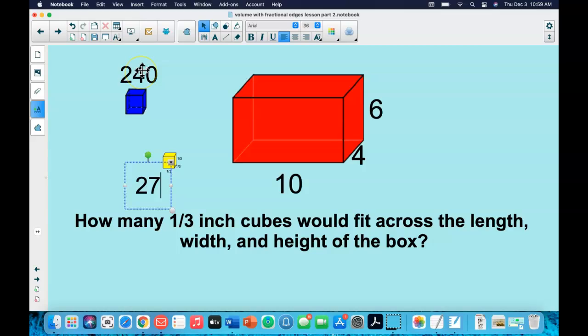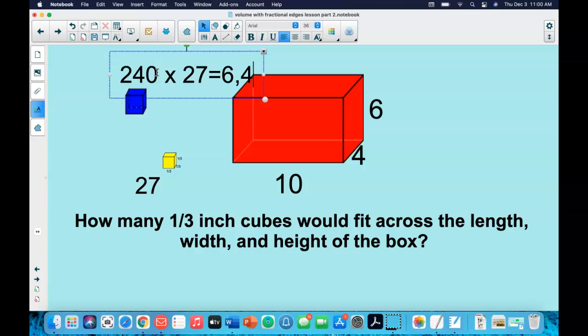Well, if it takes 240 blue cubes, I'm going to multiply 240 by 27, because it takes 27 of the 1/3 inch cubes for every unit cube. So 27 times 240 gives me an answer of 6,480. So that's your answer.